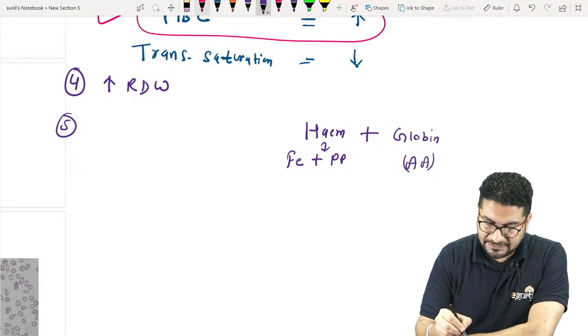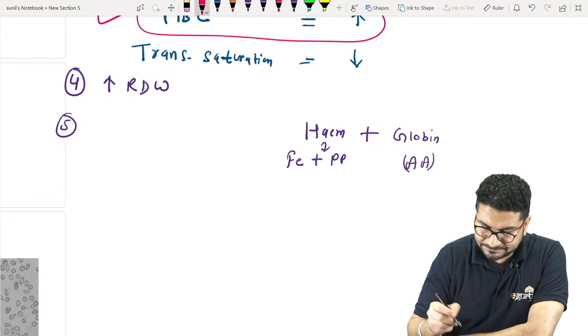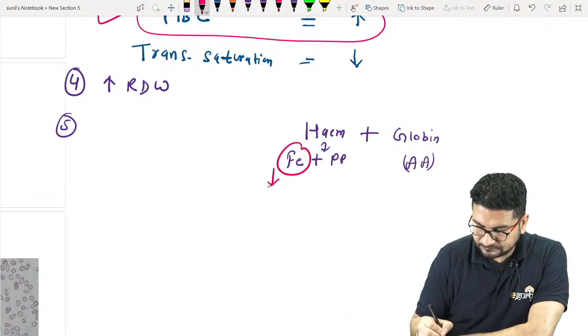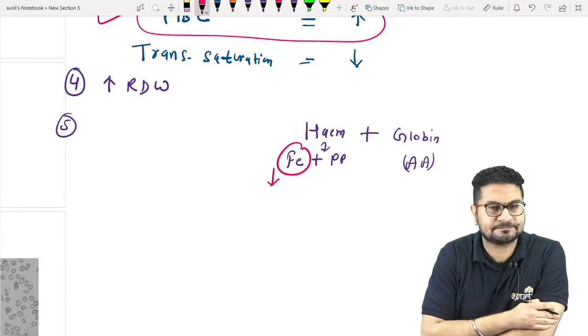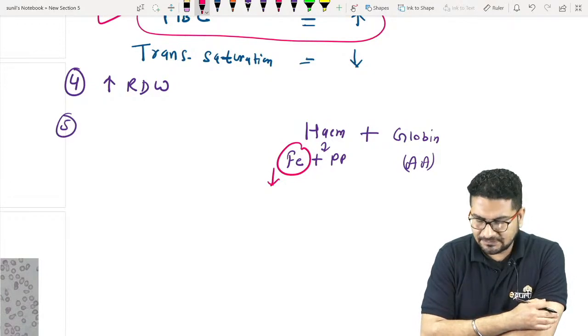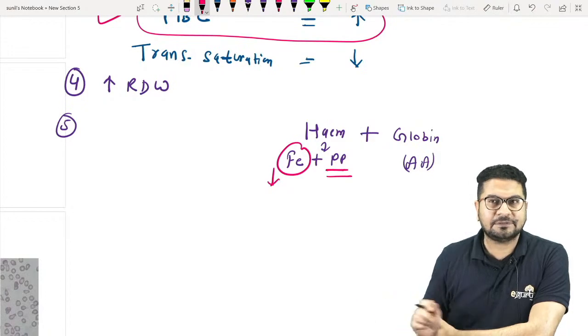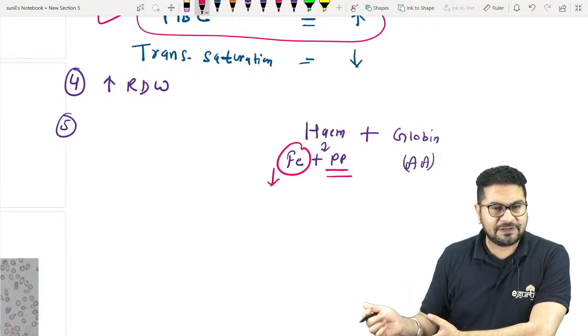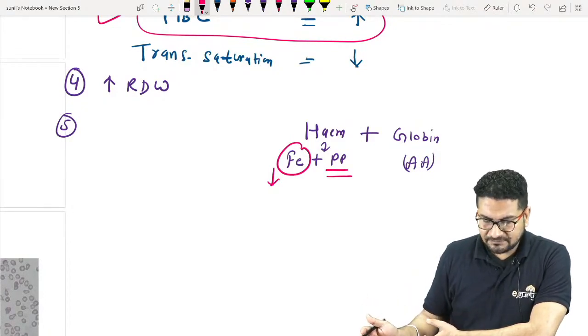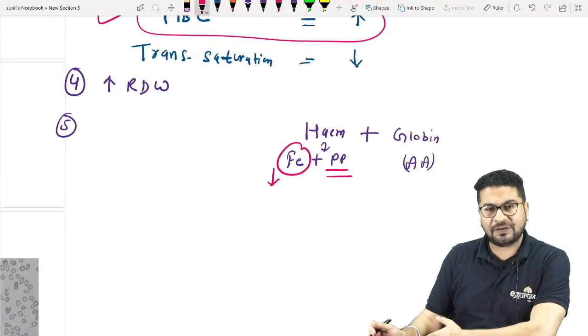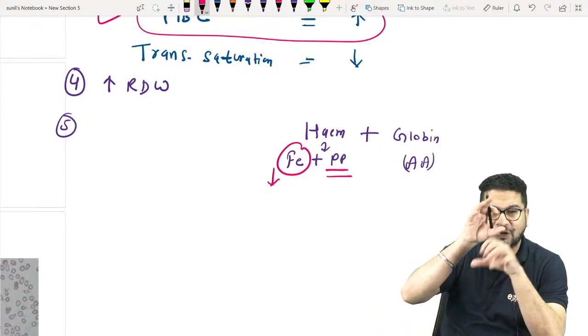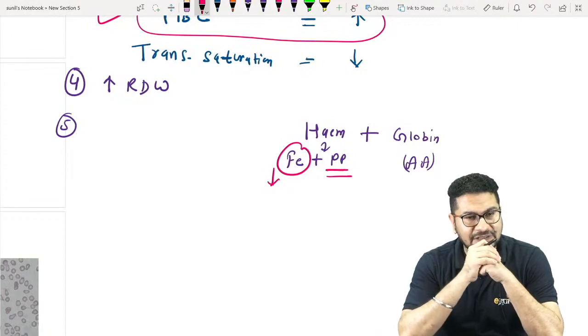Now see, body is having less iron, so iron is less. It means this protoporphyrin is freely available, because body is having less iron. Generally it is bound with iron, but now it's available freely.